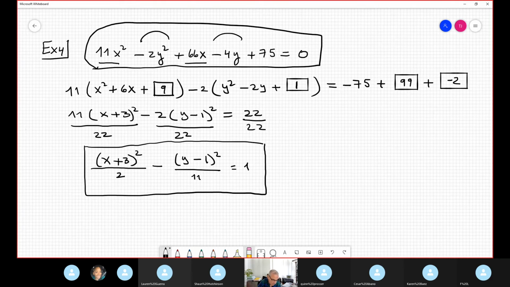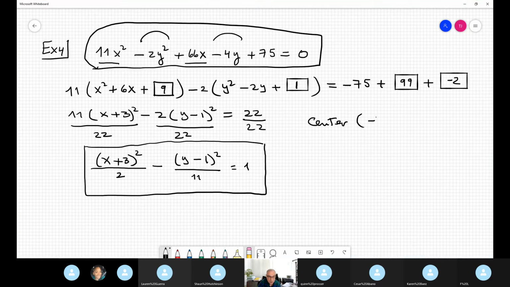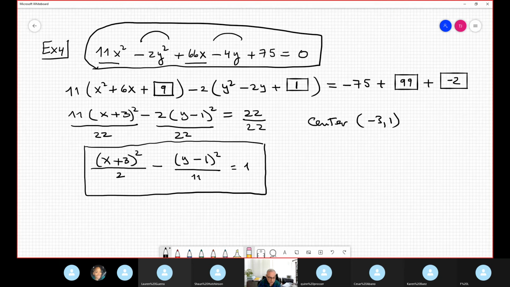Okay. Quickly, because the number is weird. The center is located at the point minus 3, 1. It's the center. Remember, it's the opposite sign. A is this guy, radical 2. It's weird. And in decimal is 1.414.